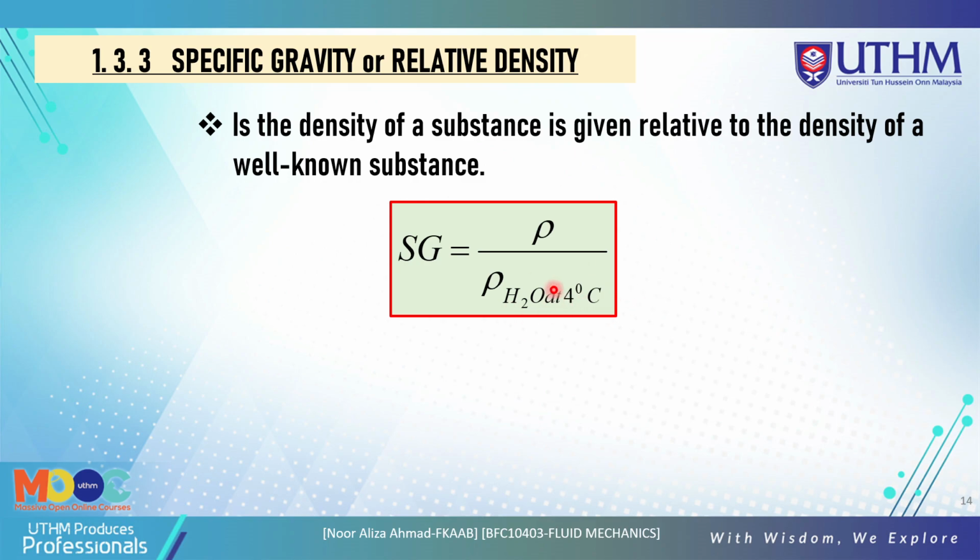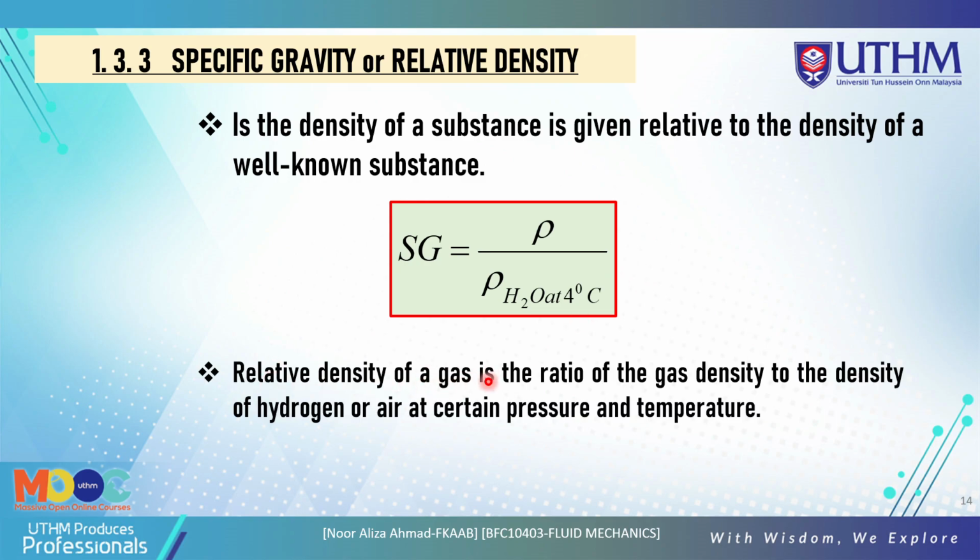We use 1000 kg per meter cube for the density of water, as in the calculation in the previous slide. The relative density of a gas is the ratio of the gas density to the density of hydrogen or air at certain pressure and temperature. Relative density is dimensionless, so it has no unit, because the density of fluid divided by density of water has no units in that equation.